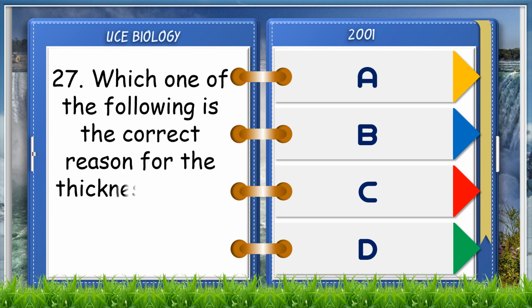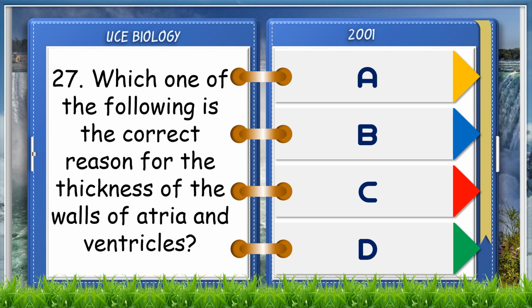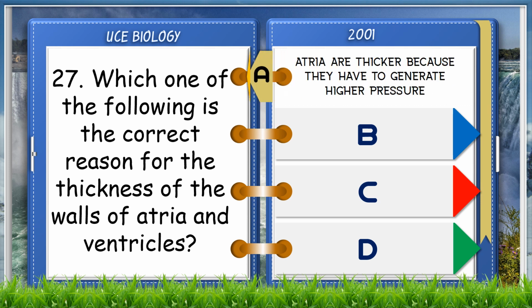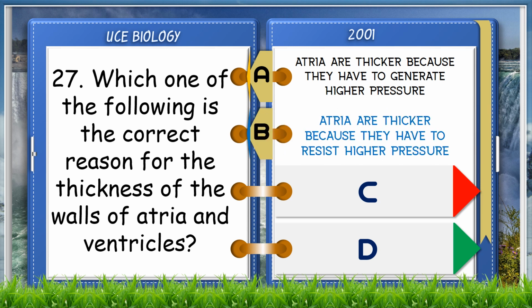Which one of the following is the correct reason for the thickness of the walls of atria and ventricles? A. Atria are thicker because they have to generate high pressure. B. Atria are thicker because they have to resist high pressure.